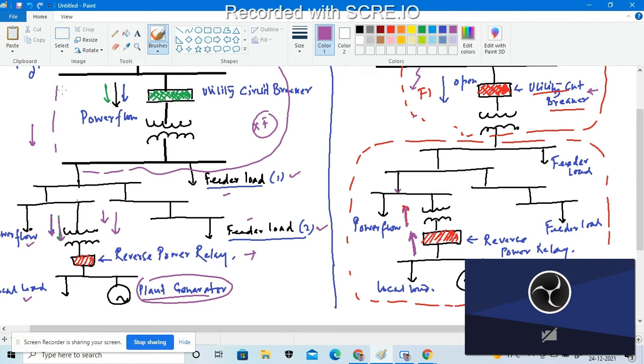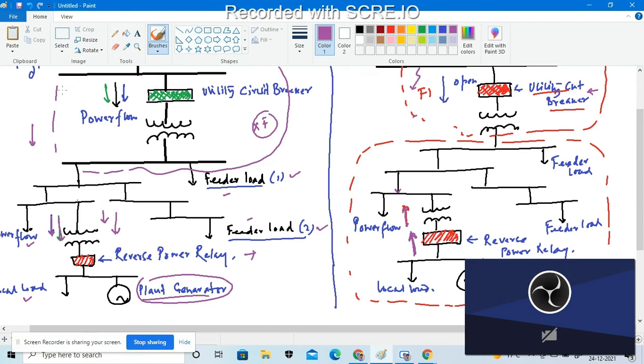We have two kinds of power, the active power and the reactive power. Although there must be a disconnection between the load and the generating sides, the active power continues to flow into the grid, feeding the external loads, which is a very good example for a reverse power relay.